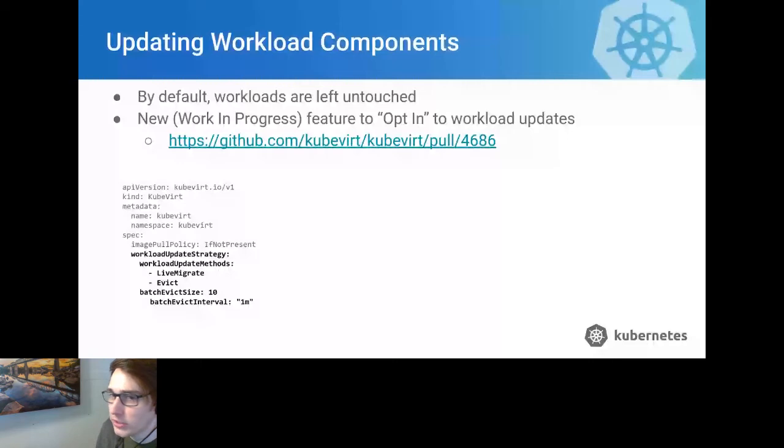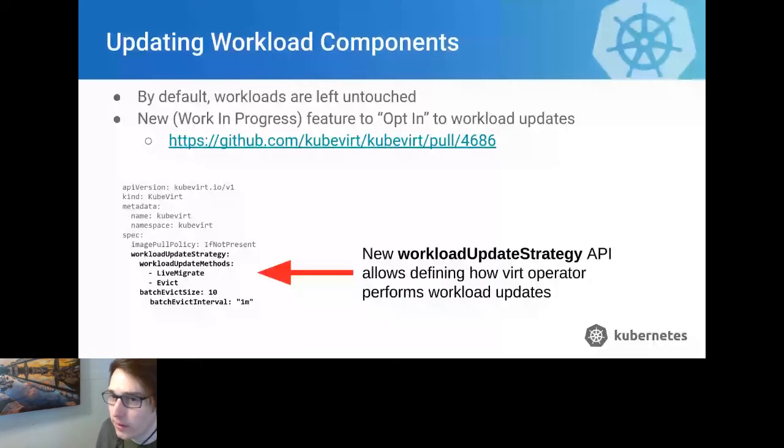So I'm working on a new feature for a Vert operator that lets us declare a strategy for updating VMI workloads. And this is an opt-in feature that's configured globally on the KubeVirt custom resource. By using this new workload update strategy API, you can tell us what methods to use to update your VMI workloads.